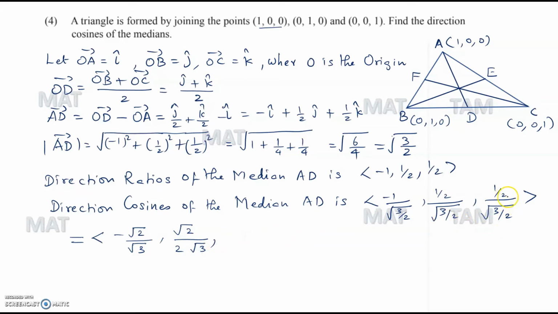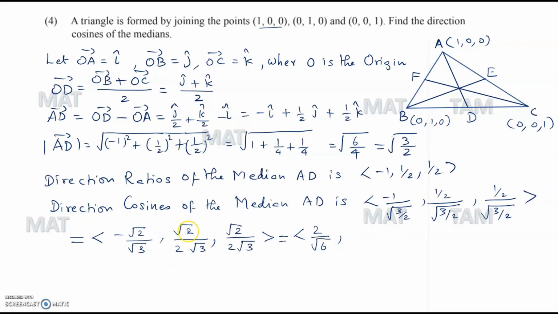Taking the root 2 up and 2 down, same like here, we get root 2 by 2 root 3, which is equal to, if I multiply the numerator and denominator here with root 2, then I will get the numerator as 2 and the denominator will be root 2 times root 3, which is root 6.